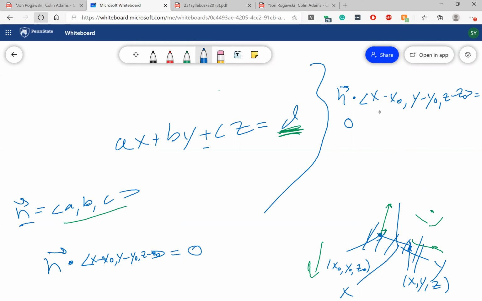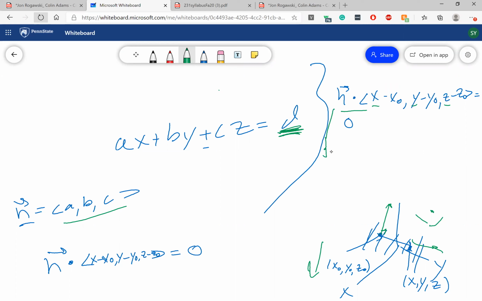All the x, y's, and z's that satisfy this formula satisfy that looking at the vector from x0 to that point and dotting it with n would give you 0. So all such x, y's, and z's define our plane.